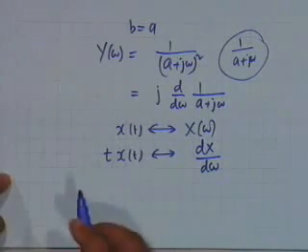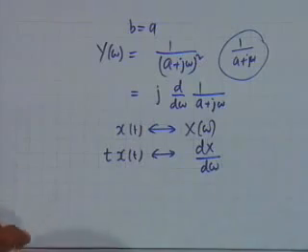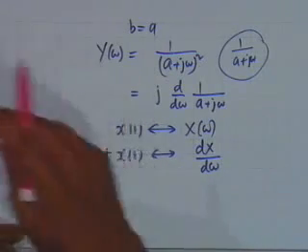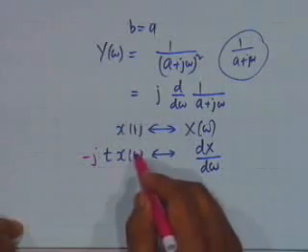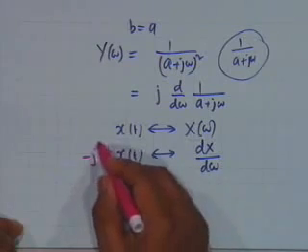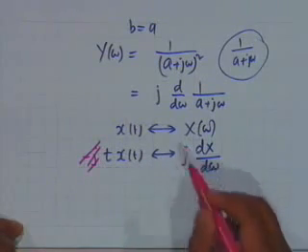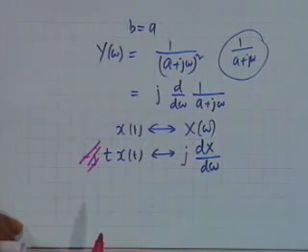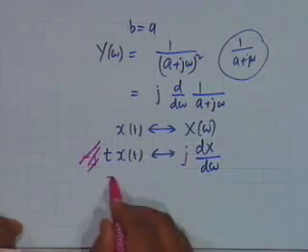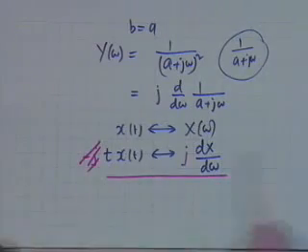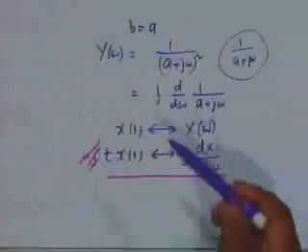What we proved was the following. We proved, from duality last time, that minus j t x of t is the pair of this. Therefore, if we take j to the right hand side, obviously we shall have plus j. Is that okay? So t x of t is the pair of this, and this is precisely in that form, j times d/d omega of this.